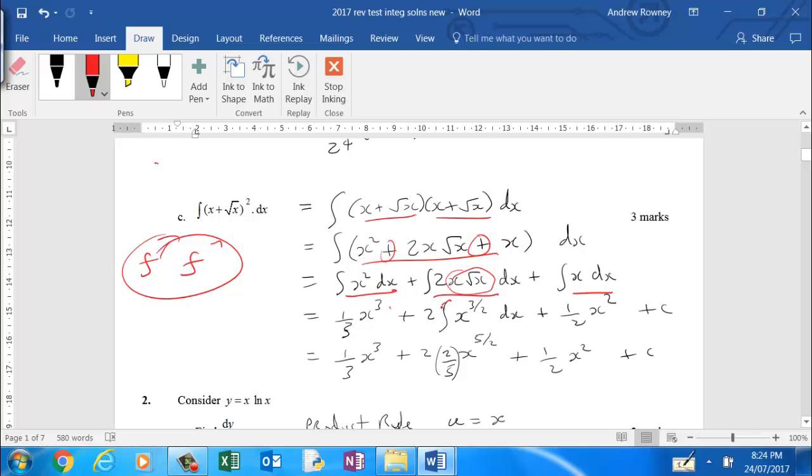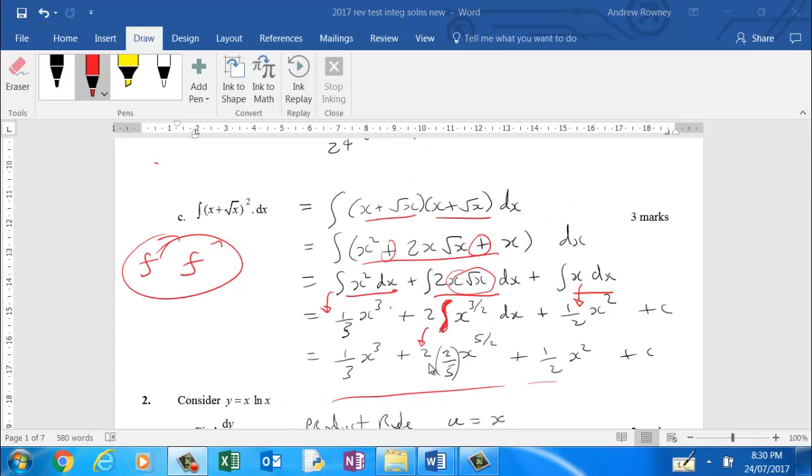So I still haven't integrated this yet. That's still the integral. We have integrated that one. We haven't integrated that. We have integrated that one. So now we've got to integrate this one, and so you raise the power by 1, so 3 on 2 plus 1 is 5 on 2, and you get the whole function there.